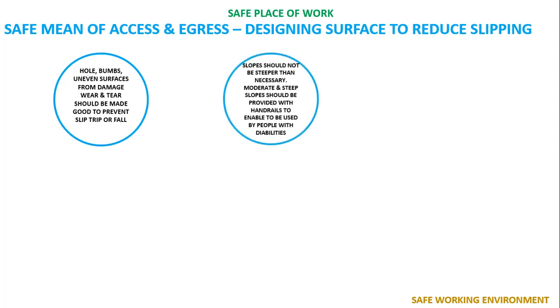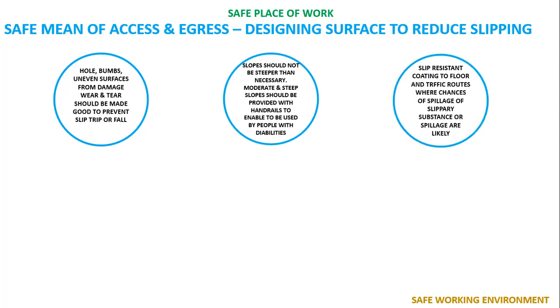Then the slopes should not be steeper than necessary. Moderate and steep slopes should be provided with handrails to enable use by people with disabilities. Then slip resistant coating should be applied to floors and traffic routes where spillage of slippery substances is likely.